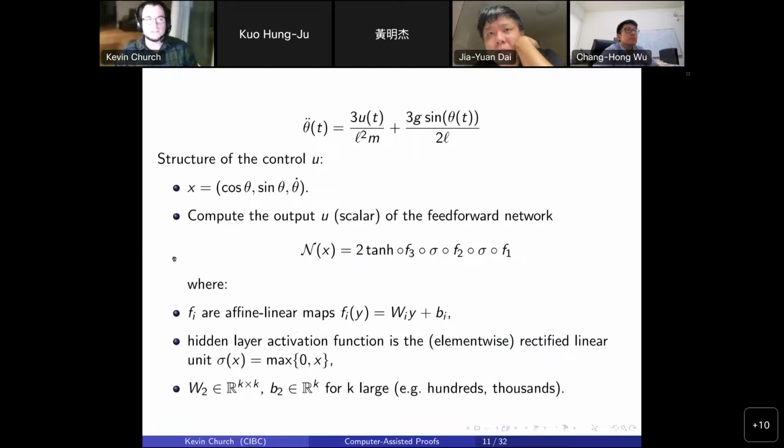The reason this is hard to evaluate is that in the structure we are using, the middle layer F2, the affine linear map, is defined by a very, very large matrix. Of course, what counts as very large depends on your perspective. In our case, and in the papers that we're basing our work on, the largest layer is 300.